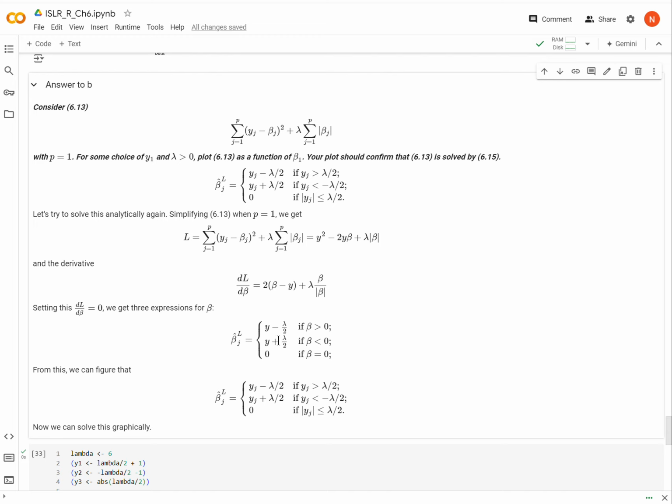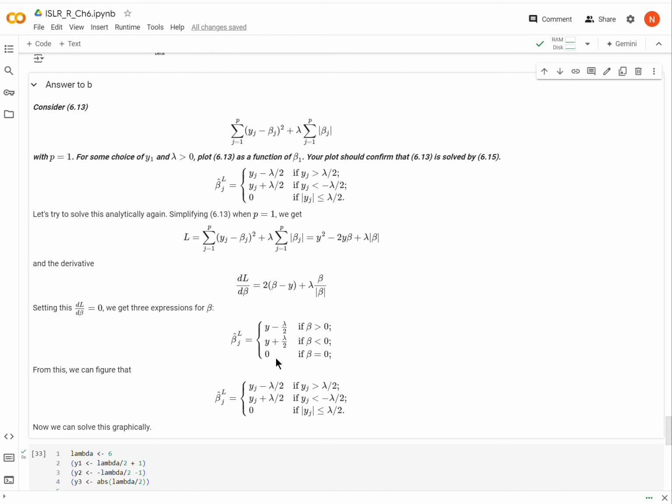well, now I'm going to take the lambda to the other side. So I'm subtracting lambda over 2 from both sides. So now I get y is less than negative lambda over 2, and in that case, I know that beta has to be this.